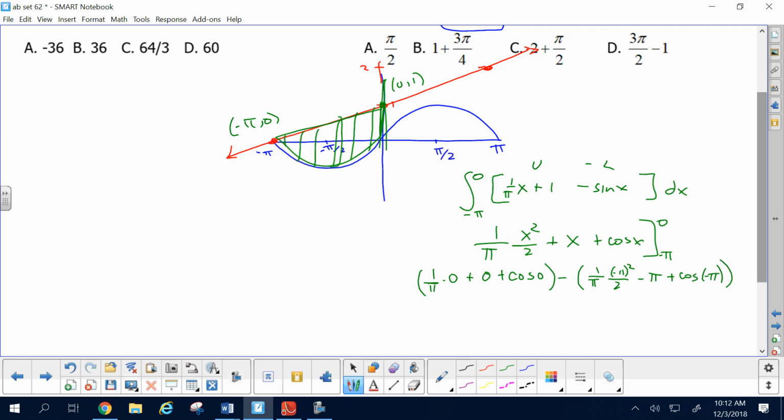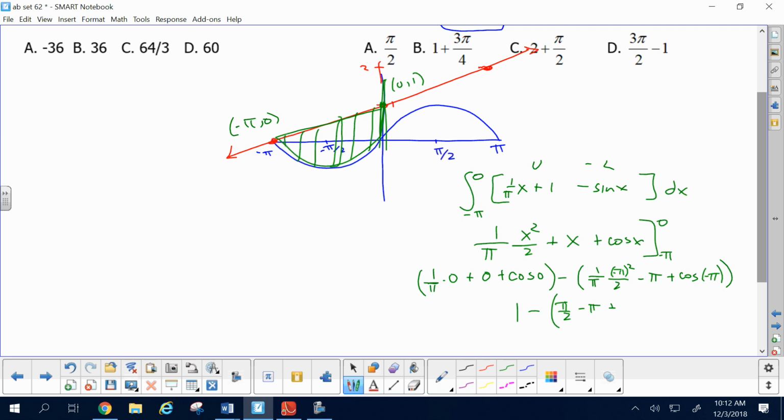This comes out to be just basically cosine of 0. What's cosine of 0? 1. Minus, how does this pi stuff clean up? The pi's cancel, so that's pi over 2 minus pi, and what's cosine of negative pi?